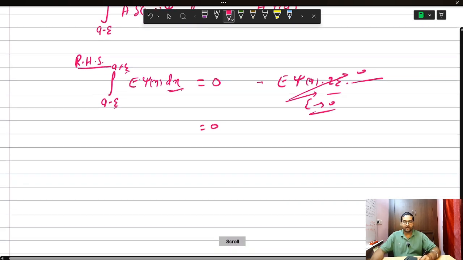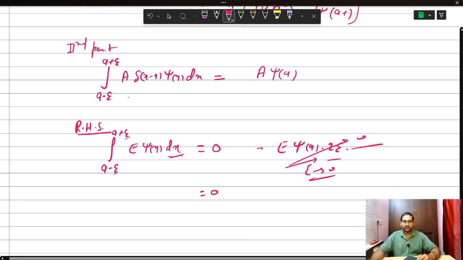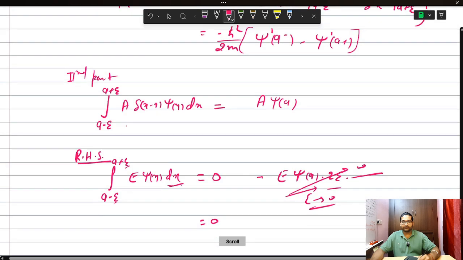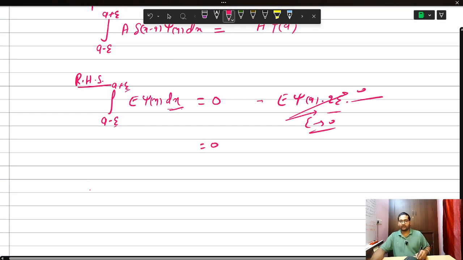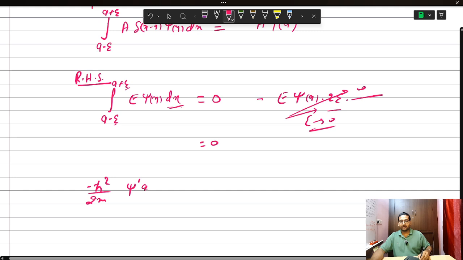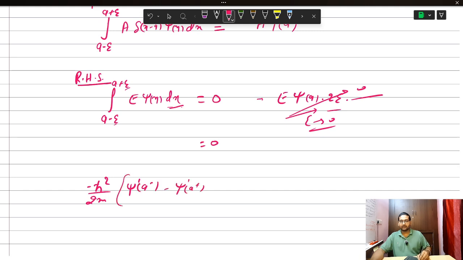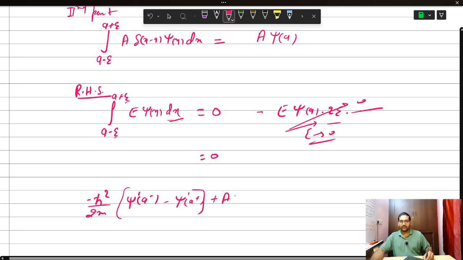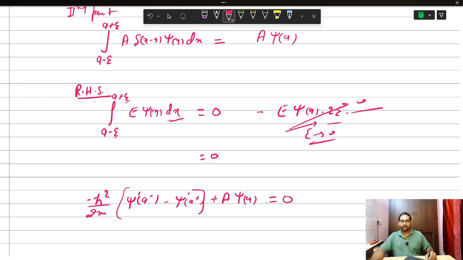Now writing all three equations in one place, we will get minus h cut square by twice m times (psi dash a minus minus psi dash a plus) plus a psi(a) is equal to 0.